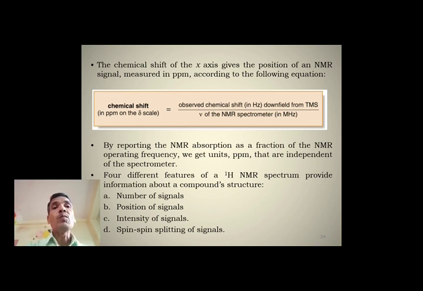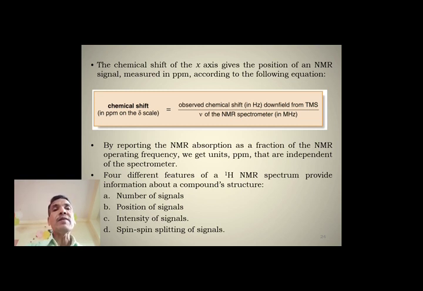Therefore, four different features of proton magnetic resonance spectroscopy provide information about a compound as follows.